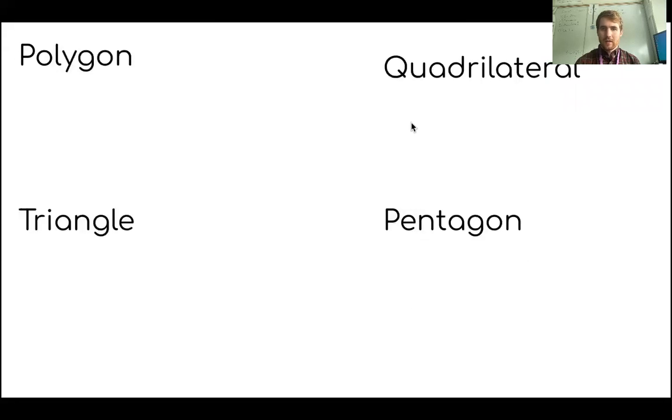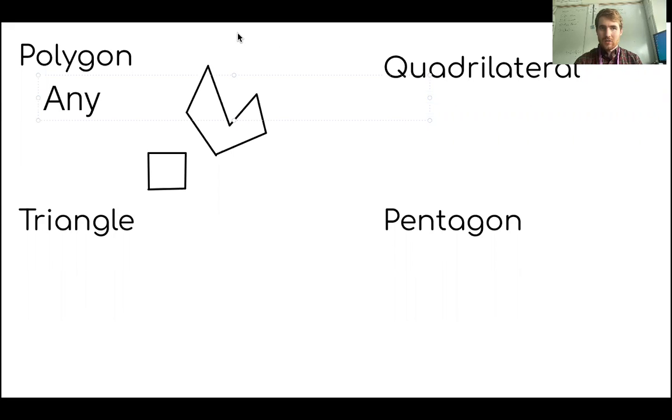Let's look at some other objects. Polygons. Polygon, this word means any 2-dimensional shape with straight sides. So this is an example of a polygon, but a square is also an example of a polygon. It's any 2-dimensional shape that has straight sides. So I'll write that here.